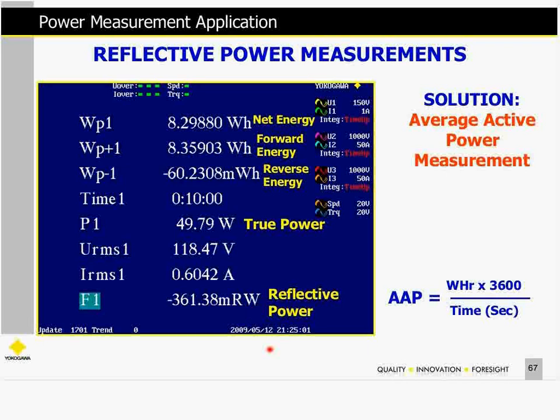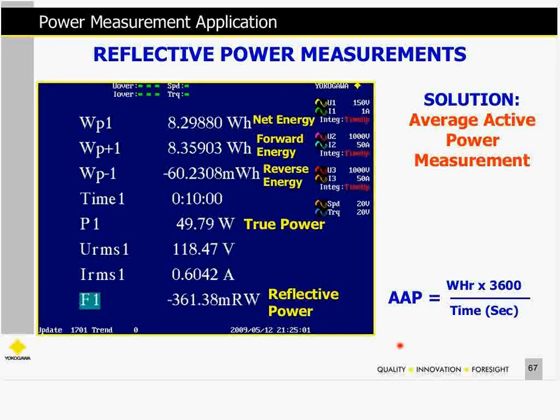So it's power, and the way we do this is an average active power measurement, which we talked about earlier. We measure the watt hours, which is our reverse energy, then multiply that by 3,600, and divide by the time in seconds. I had 10 minutes, converted that to seconds, and that's how we get this number.